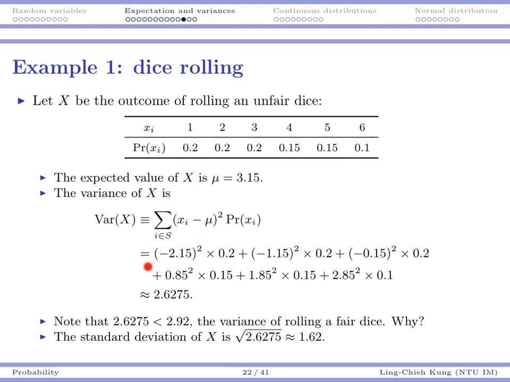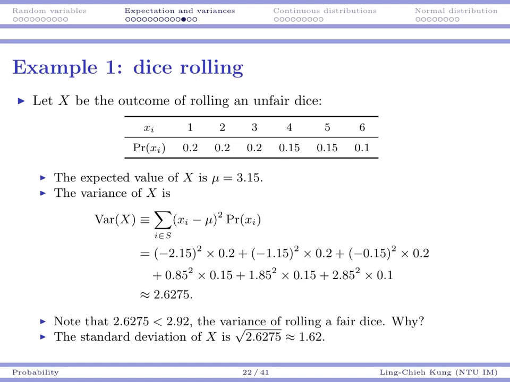For example, for 1, the difference is negative 2.15, and for 2 it is negative 1.15. After we square each value, we now need to use the different probabilities to do the weighted average. Okay? And after that, we get 2.63 as the variance of X.